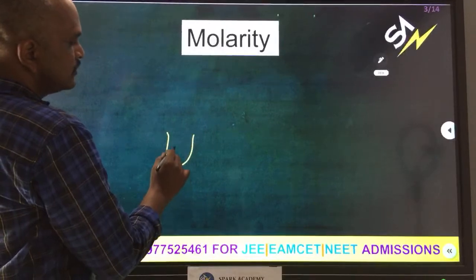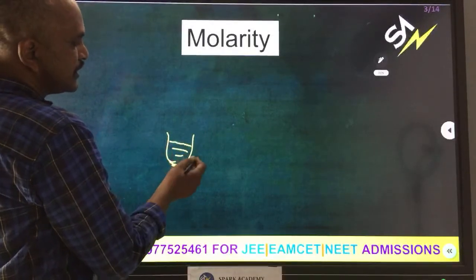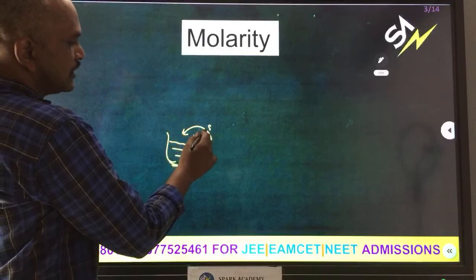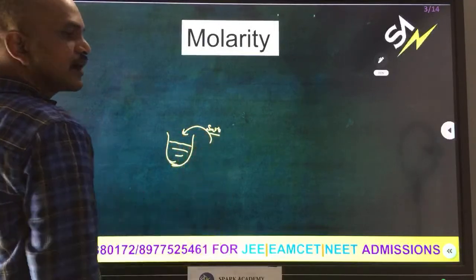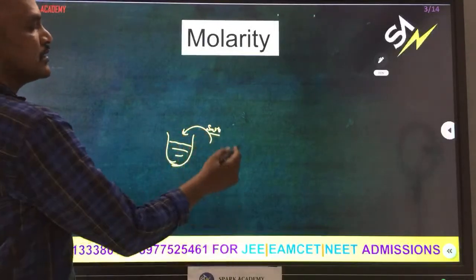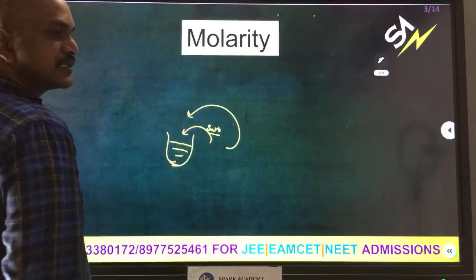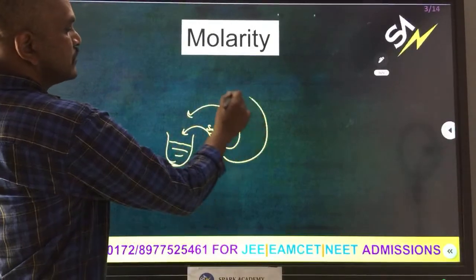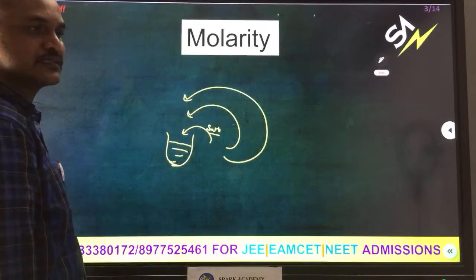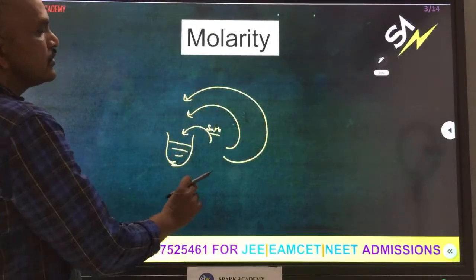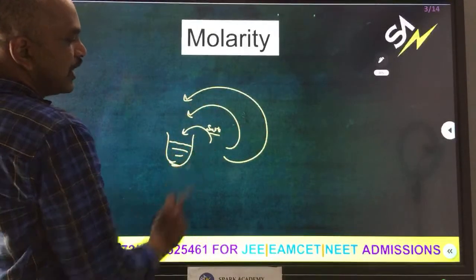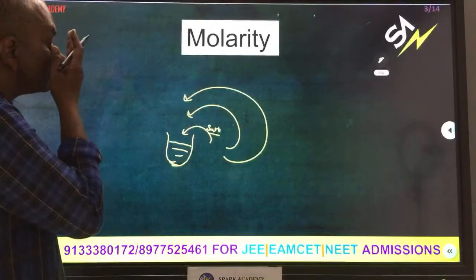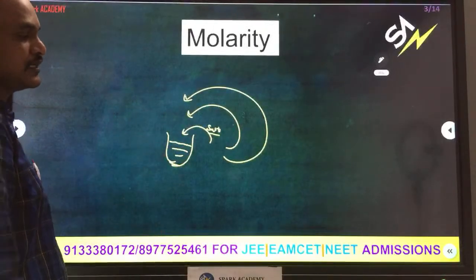In that, some quantity of salt is added, so its concentration is less. Another quantity is added, concentration increases. Another quantity of salt, concentration again increases. So as the number of moles of salt increases, the concentration also increases.